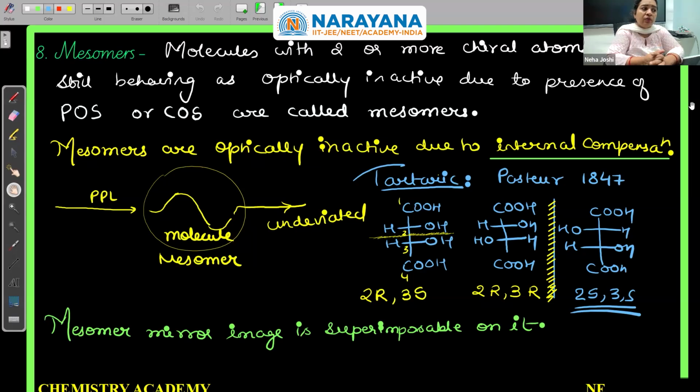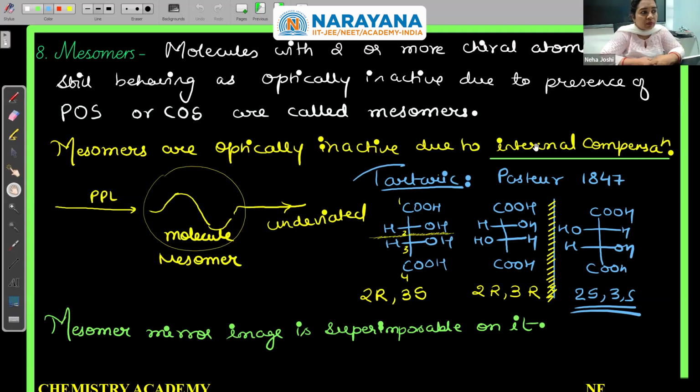Okay. Tell me what should be the answer to the mesomer question I just asked. Who is answering? From the class, please unmute anyone and tell whether for a molecule to be a mesomer, it should have an odd number or an even number of chiral carbons. Even.